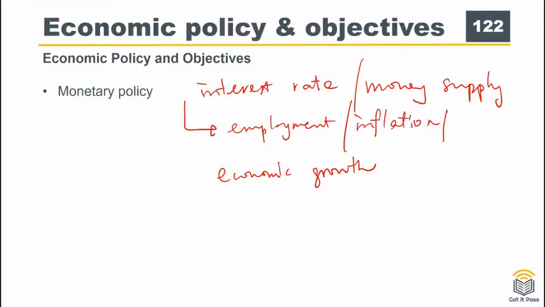So here, just have a quick look. Here is a formula: MV equals PY. When we talk about monetary policy, we talk about the M. So what is M? M is money supply. A lot of countries have only one organization with the authority to issue the money supply, which is the central bank.